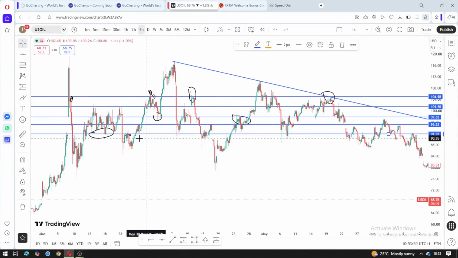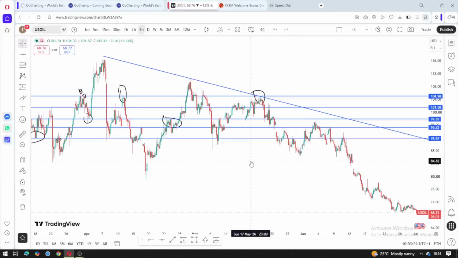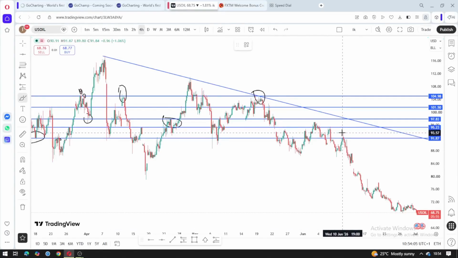You can see it plays here, it touches here, it touches here in the forward edge. But look at this point. Look at what it did at this point. Look at what it did at this point. Are you seeing this point? A retest after a breakout.